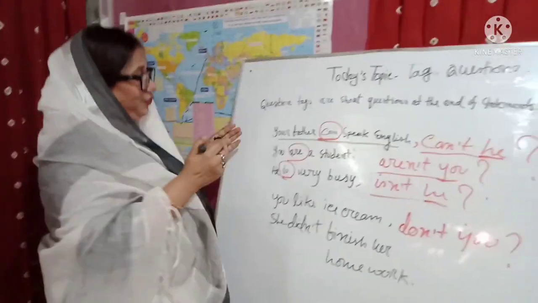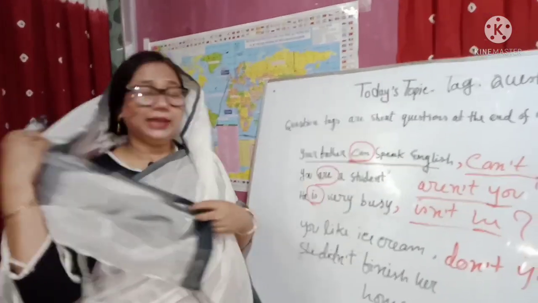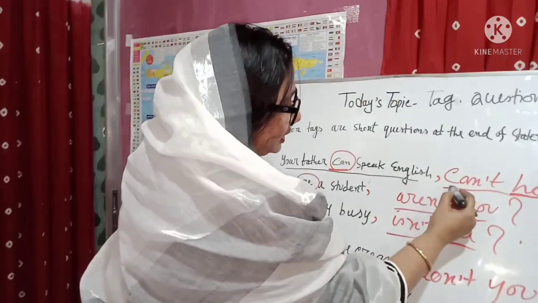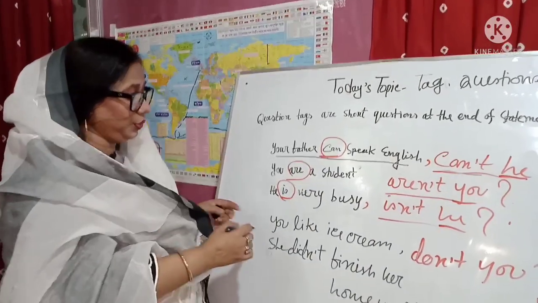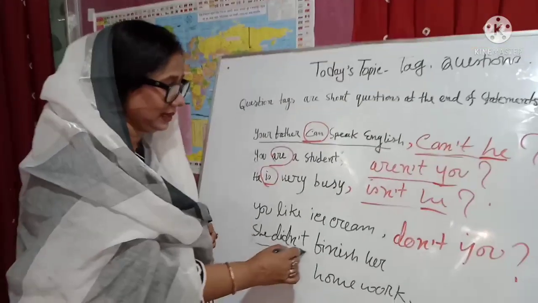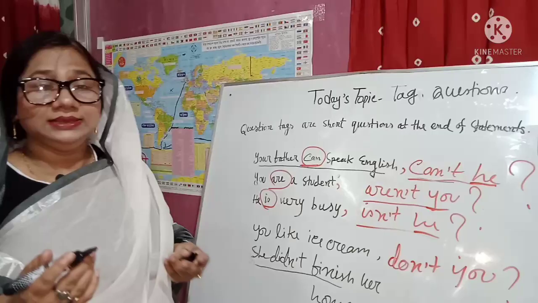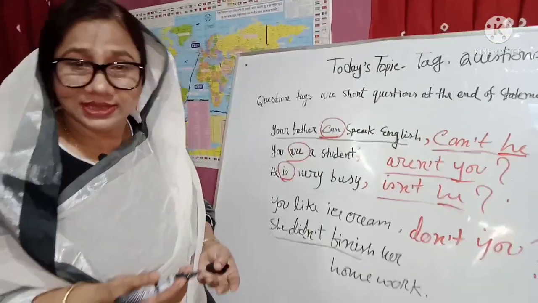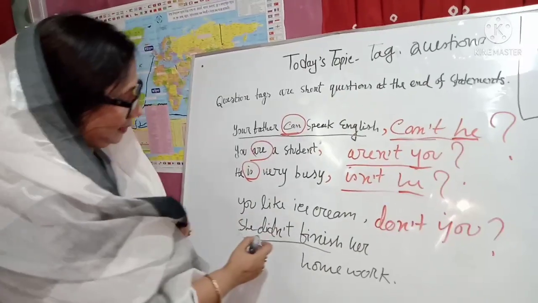When we find a positive statement, then we make a negative tag question. When we make a negative statement, we make a positive tag question. Okay, look here.